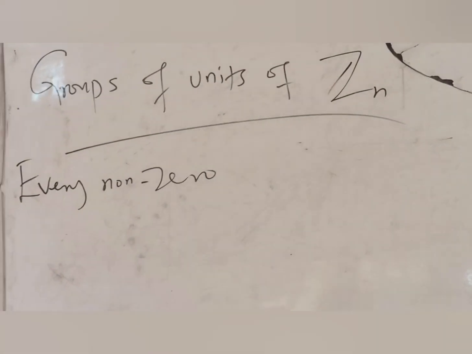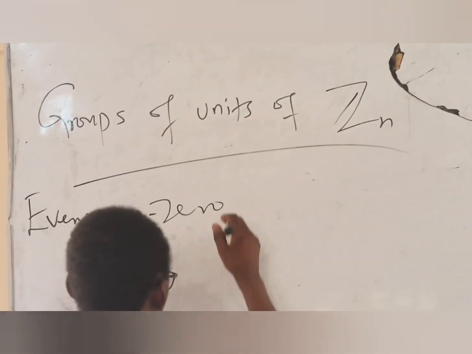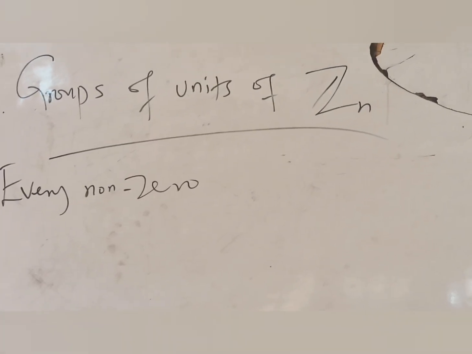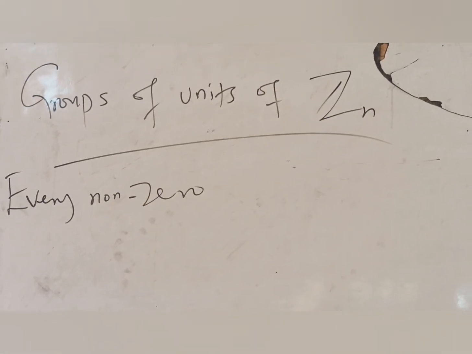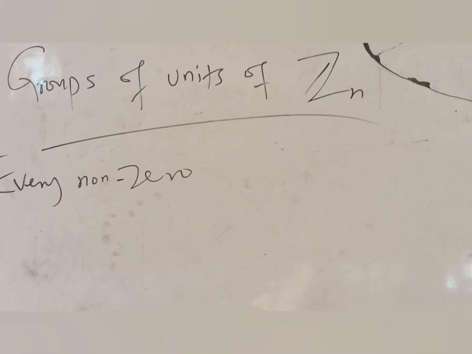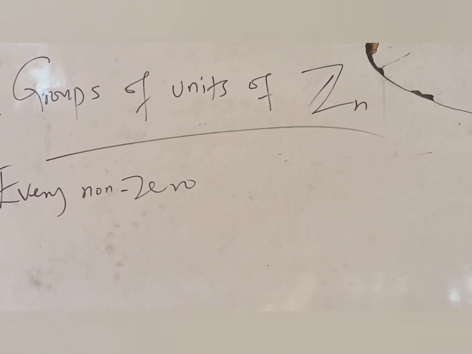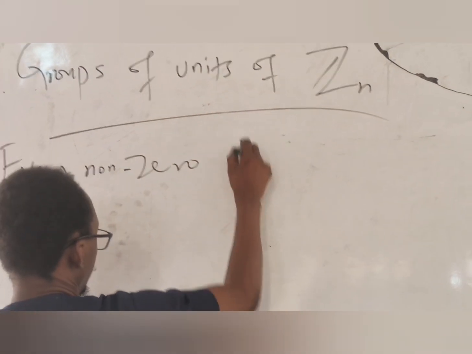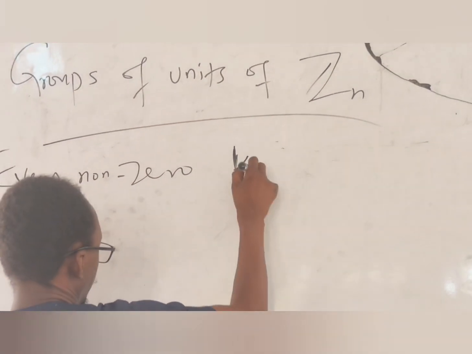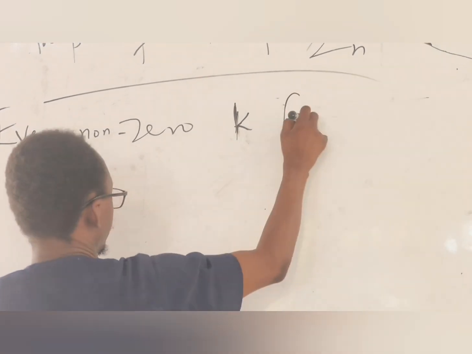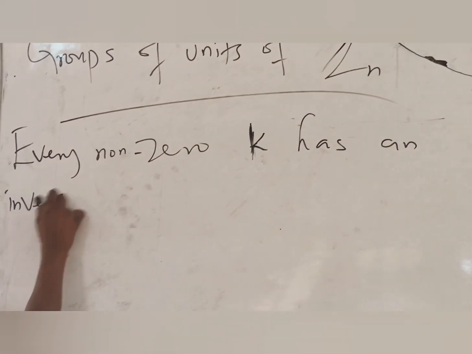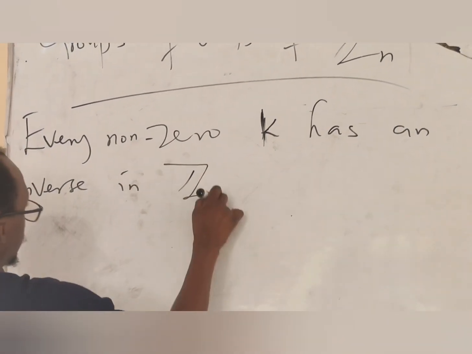In Zn, if k is relatively prime to n, every non-zero k has an inverse in Zn. If k is relatively prime to n, every non-zero k, so k is a number, has an inverse in Zn.